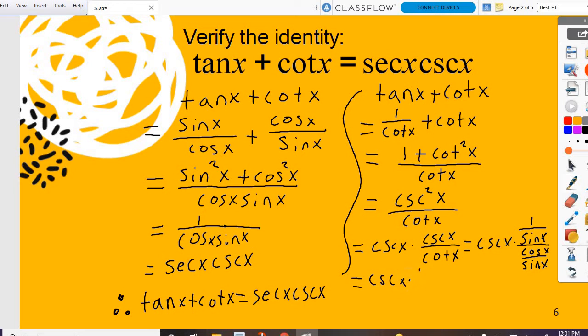So I'm going to keep my 1 over sine of x. Then I'm going to flip to get sine of x over cosine of x. Well, what happens to my sines of x? They reduce. So then we just have 1 over cosine, but what is 1 over cosine? Secant. So again, do we end up with what we wanted?